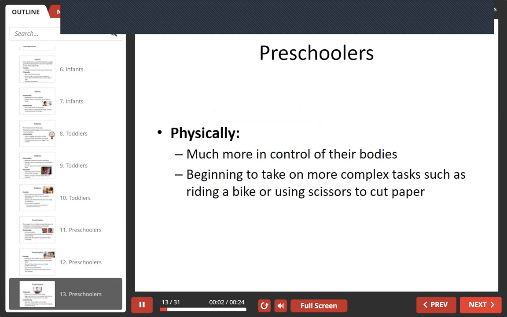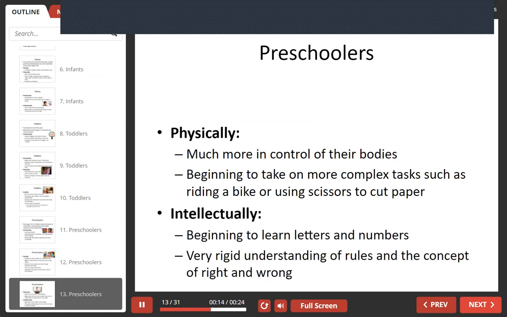Physically, they're much more in control of their bodies. They begin to take on more complex tasks, such as riding a bike or using scissors to cut paper. Intellectually, they begin to learn letters and numbers, and they have a very rigid understanding of rules and the concept of right and wrong.